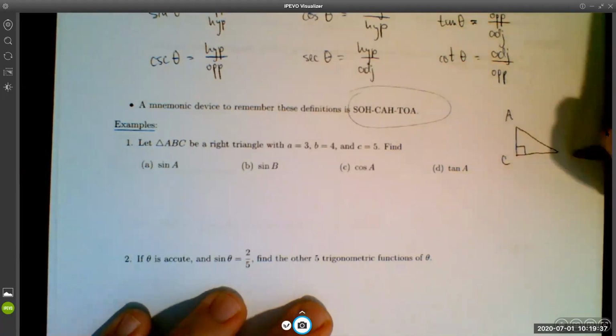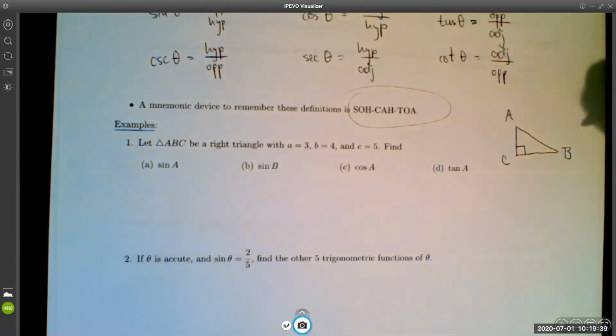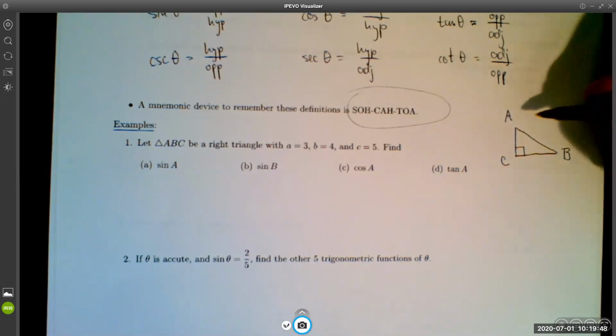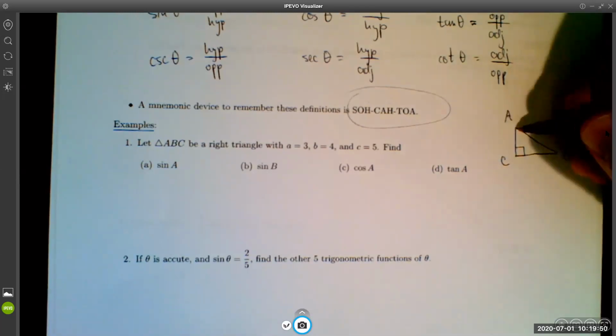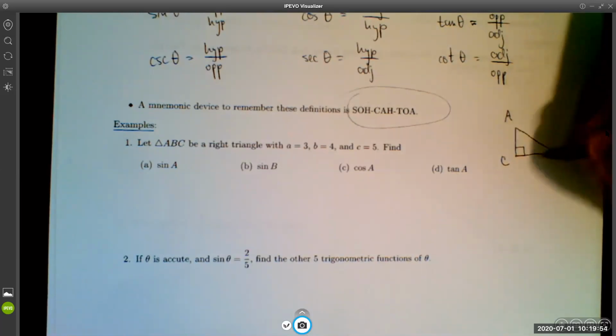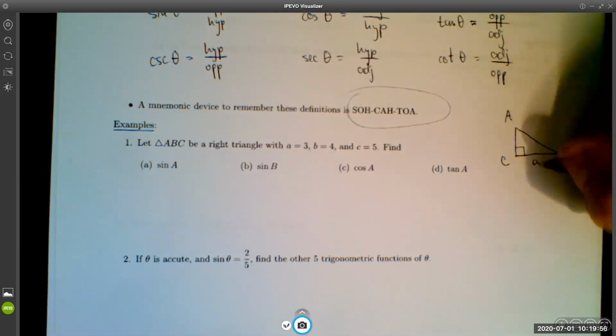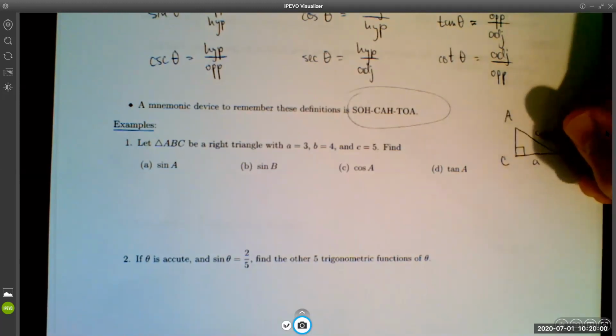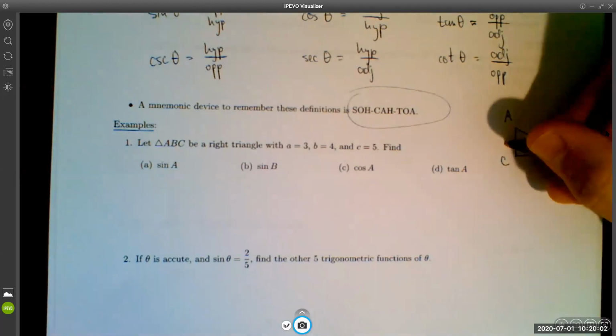So we could call this triangle ABC. The sides are given lowercase letters, and the side opposite its corresponding angle is given the same letter, but in lowercase. So in other words, for this angle A, the side opposite is this side right here, so it would be lowercase a. And this side would be lowercase c, and this side would be lowercase b.